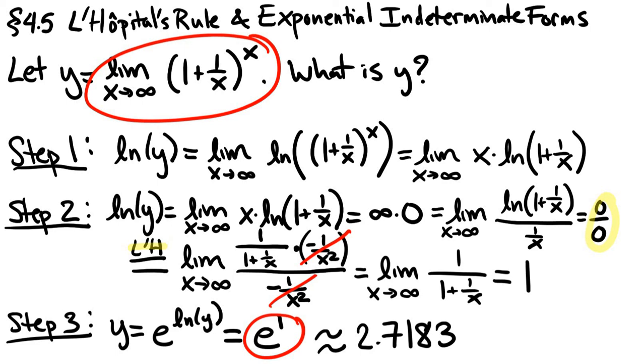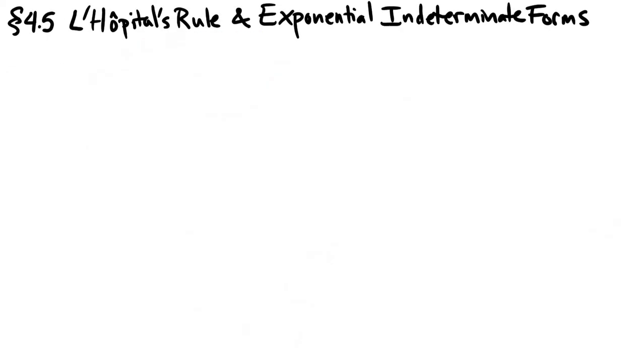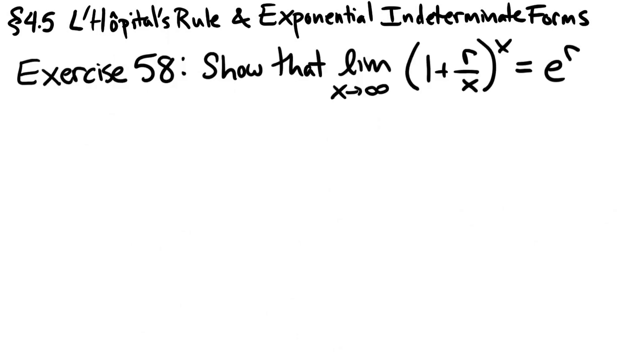This limit is related to the problem of computing compound interest. Actually, this might be the way that you first learned about the number e in an earlier class. In the textbook, exercise 58 says, show that this related limit equals e to the r. So for any specific value of r, we have a limit here of the form 1 to the infinity.